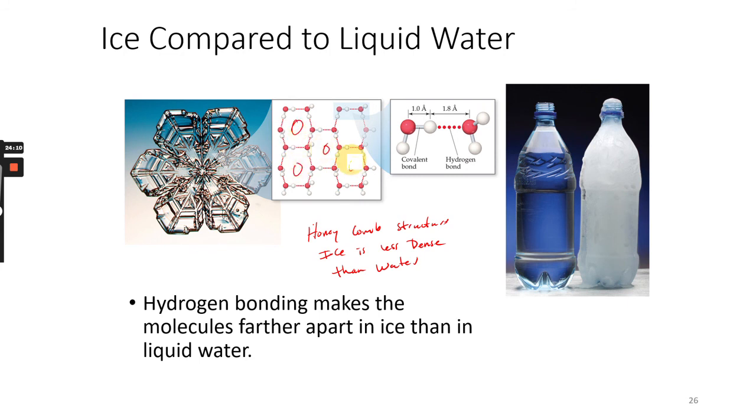This is ice. Because of the hydrogen bonds, which are the dotted lines here, these water molecules can't get closer to each other. So when they freeze, you have a lot of empty space, and ice tends to expand. If you ever put a bottle in the freezer and then go back and open the freezer, the bottle might crack because the ice expands.